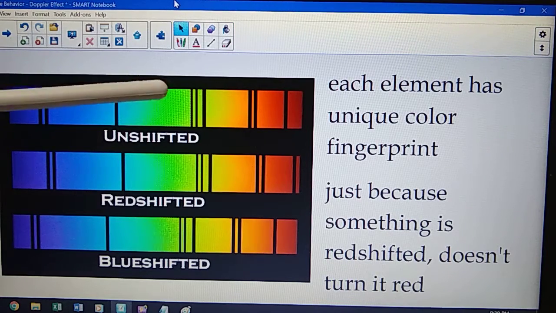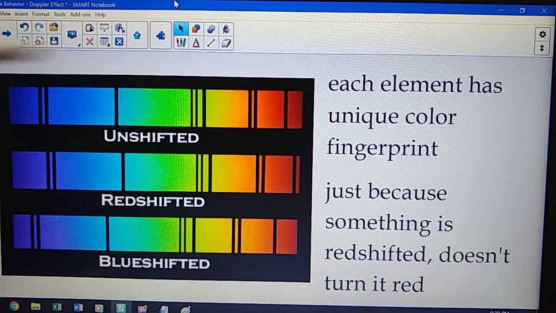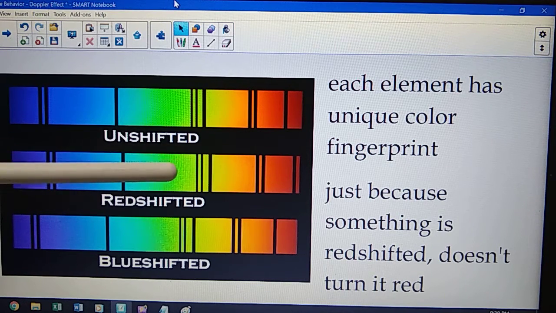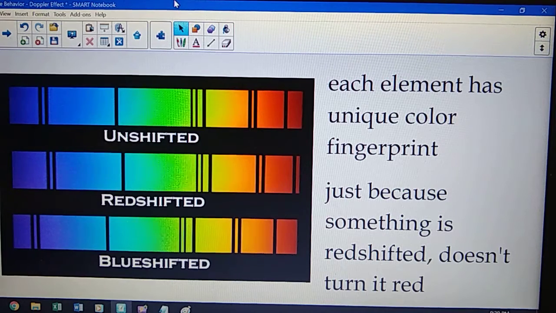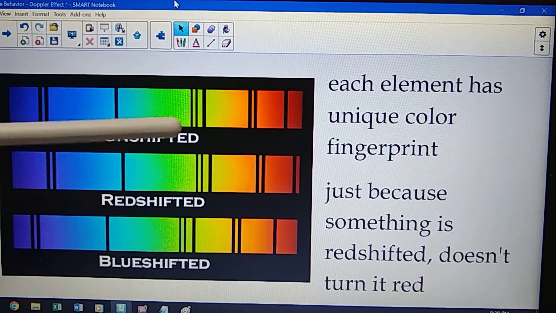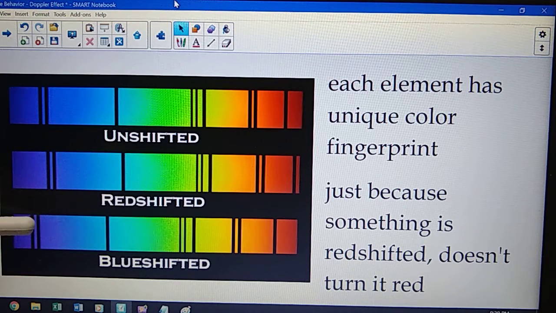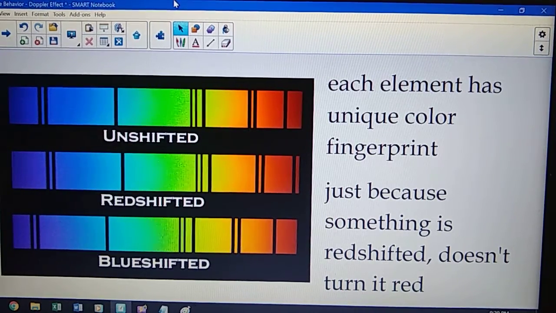What that means is these colors here are in the yellow-green range. If we redshift it, it doesn't make the colors automatically red, it just pushes it towards the red end of the spectrum. If it's blue shifted, the colors still may remain yellow or green, but they're shifted towards the blue end of the spectrum. So just because something is red shifted, it doesn't make it turn red, it just makes it more reddish or more towards the red end.